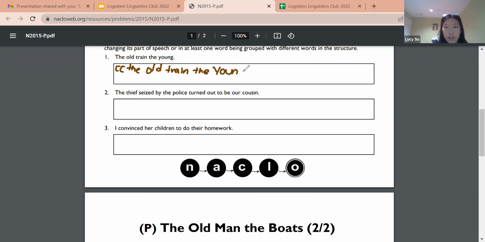In this case, train would be a verb because it's something that the old are teaching the young, and you would put brackets around here and then a separate bracket for the young. And to change the ambiguity of train, it could be the old train broke down. So in this case, train would be a noun instead.